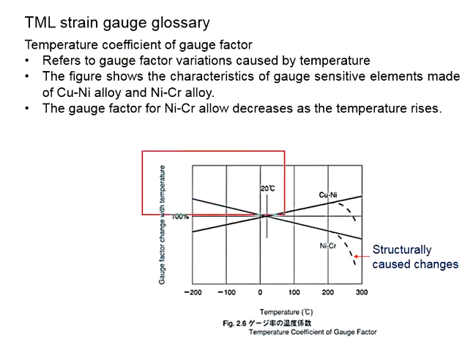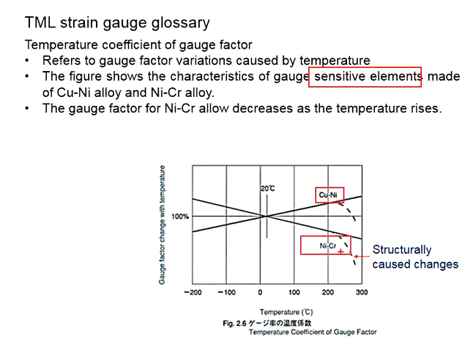Now let us look at this figure here. We have the sensitive elements of the strain gauge made of two types of alloy. The first one is copper-nickel alloy. Another one is nickel-chromium alloy.